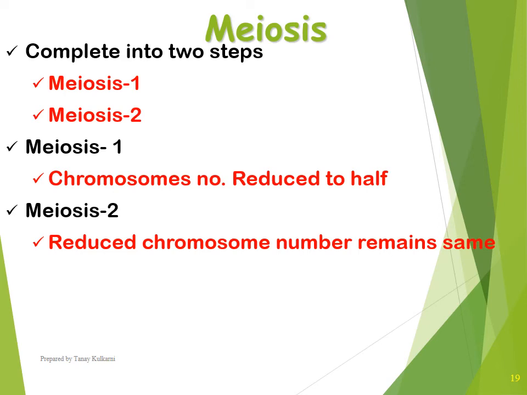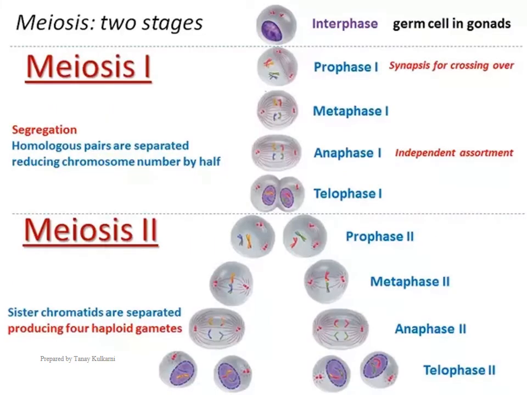We'll go ahead. Now as you can see, meiosis is divided into two parts, meiosis 1 and meiosis 2. In meiosis 1, there is a segregation of homologous pairs that are separated, reducing the chromosome number by half.